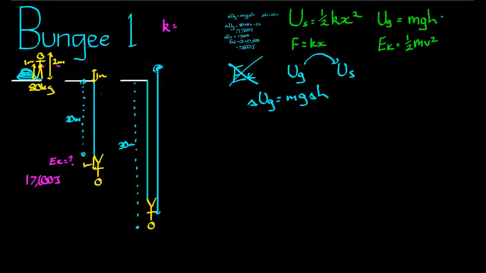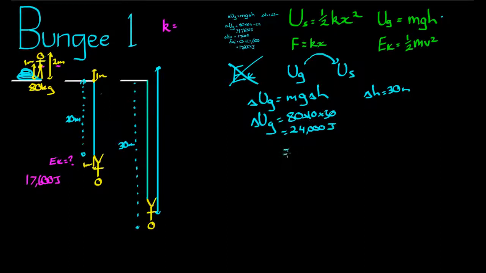And this end up here is also 1 meter higher than this end there. So delta h is in fact equal to 30 meters. Therefore, the total change in gravitational potential energy is 80 times 10 times 30, which comes to 24,000 joules.